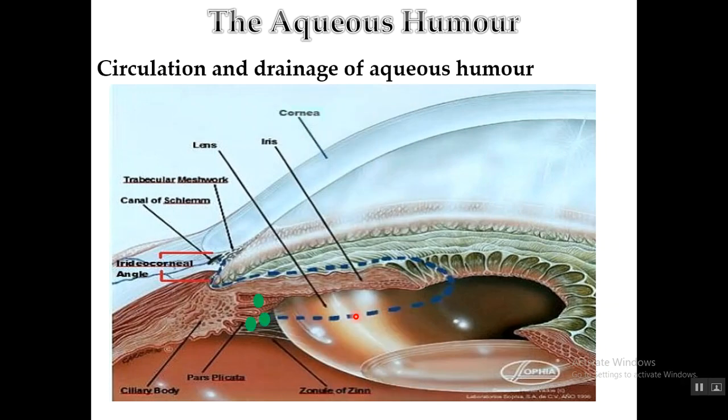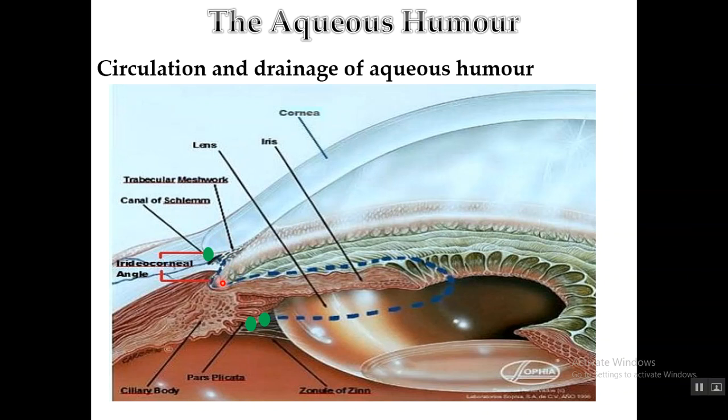As we can see here, it is formed by the ciliary epithelium, then passes between the fibers, which are called suspensory fibers or suspensory ligament of the lens, then into the posterior chamber, then through the pupil to the anterior chamber, and from the anterior chamber it goes to the iridocorneal angle or filtration angle.